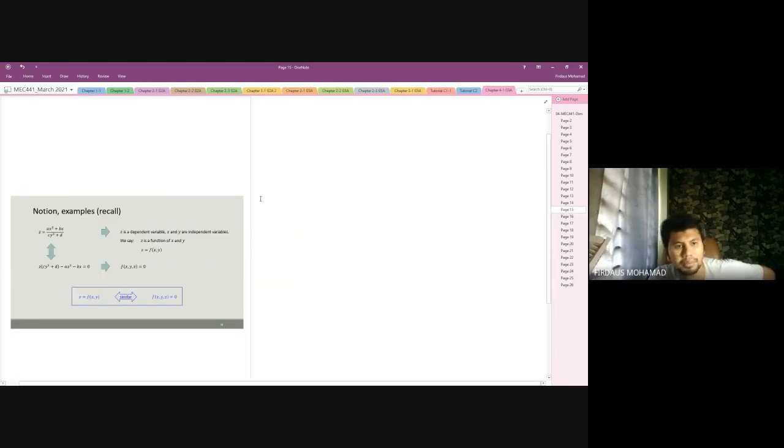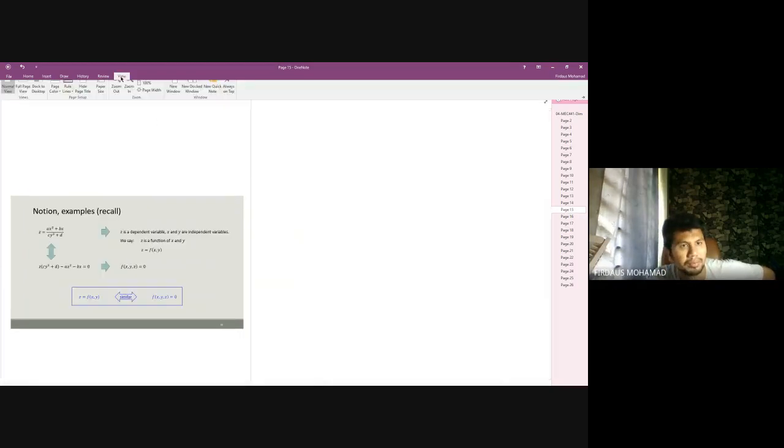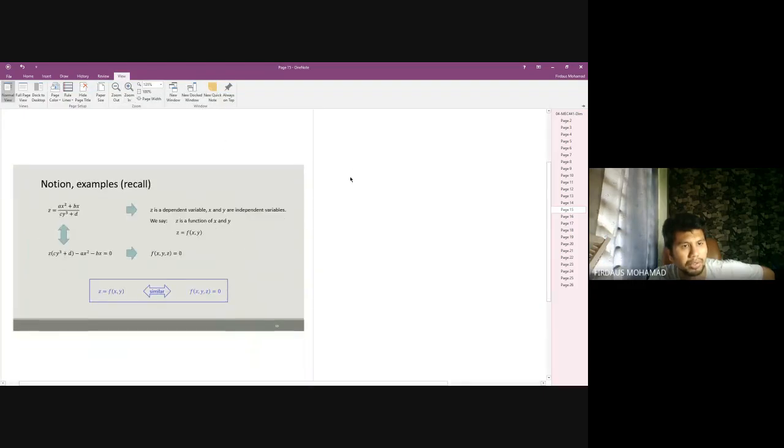Okay, so for this slide, notion, ni notion untuk example, if z equal to ax square plus bx divided by cy cube power of 3 plus d, z is known as independent variable, while x and y is dependent, independent variable.